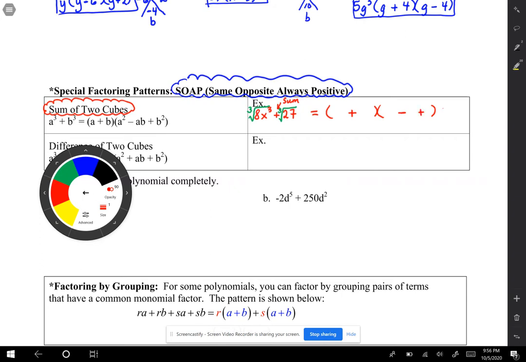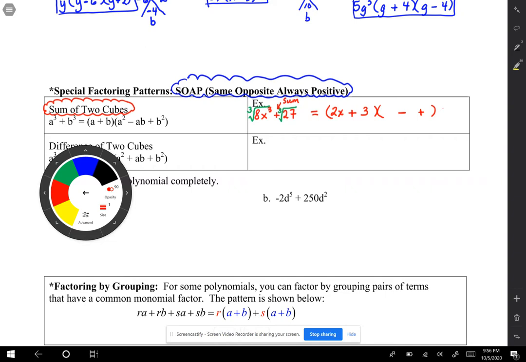So, and you're going to fill in the missing numbers. So the first number in the spot is going to be the cube root of 8x to the third, which is going to be 2x, because 2x times 2x times 2x is 8x to the third. And then what's going to go right here is the cube root of 27, which is 3. 3 times 3 times 3.